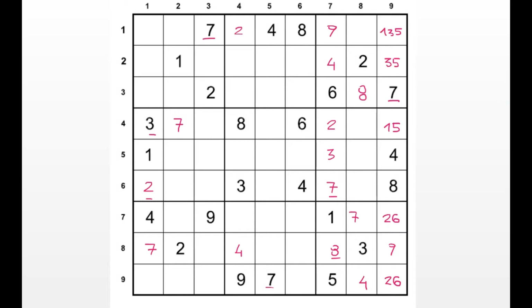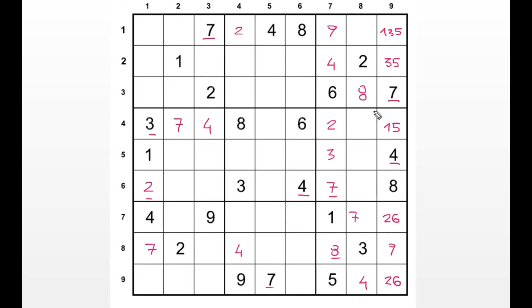And now for number 4, here is a number 4, here cannot be number 4, and here will be number 4, and here is no possibility to be number 4, and finally number 4 will be here in this cell.